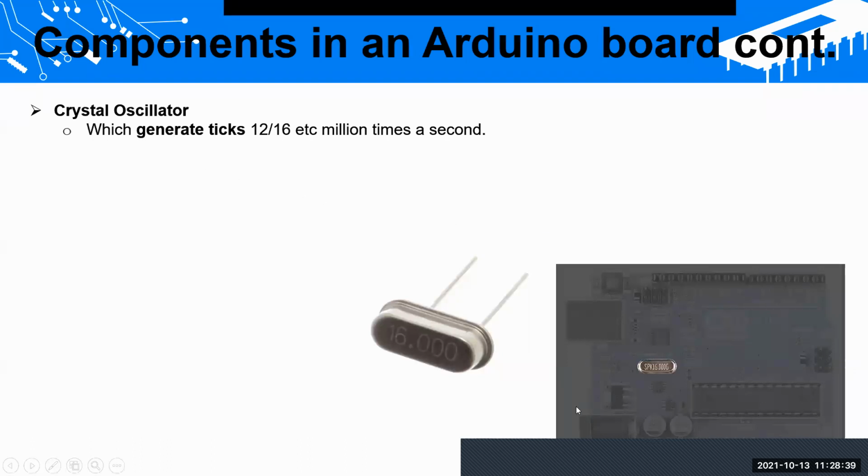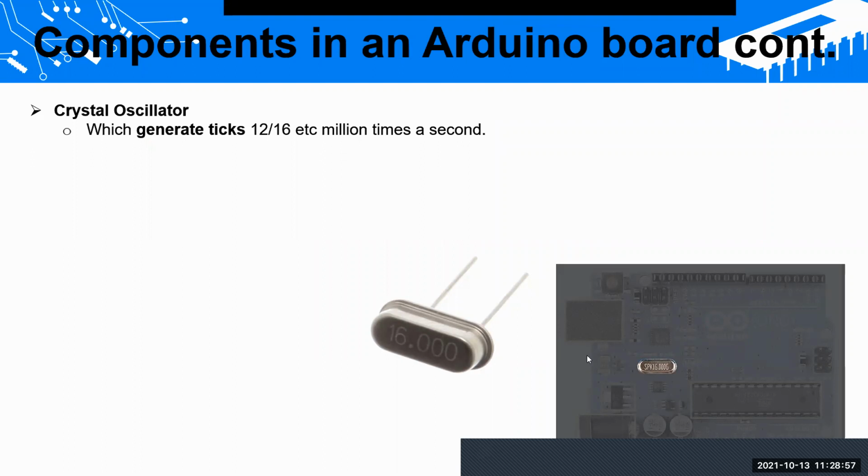It generates a certain number of ticks. For 1 second, it can oscillate around 12 or 16 million times. That means 16 or 12 megahertz, and that is basically generating the ticks.